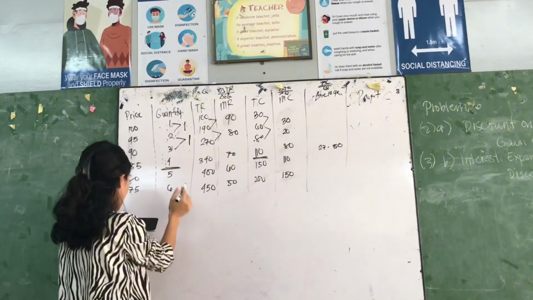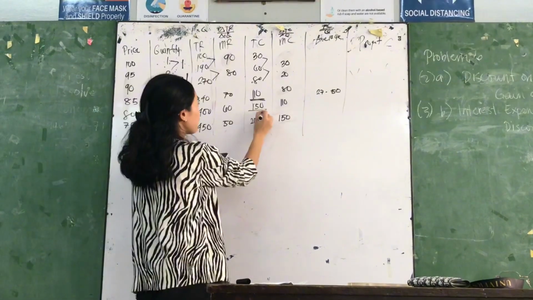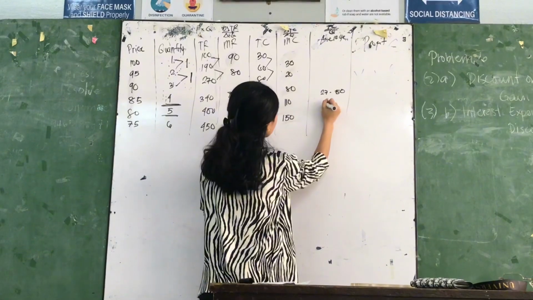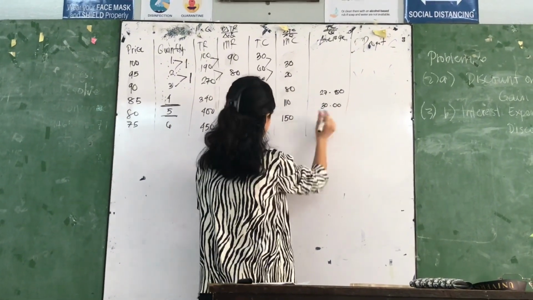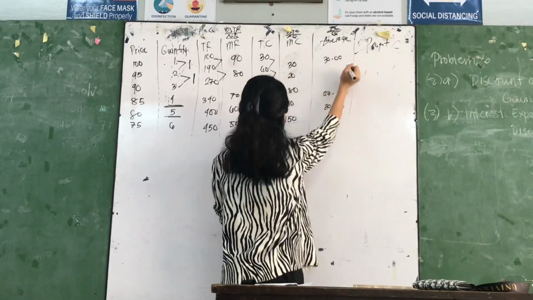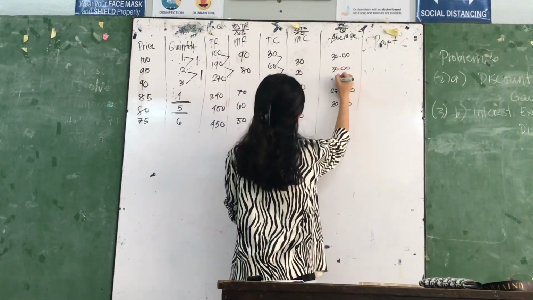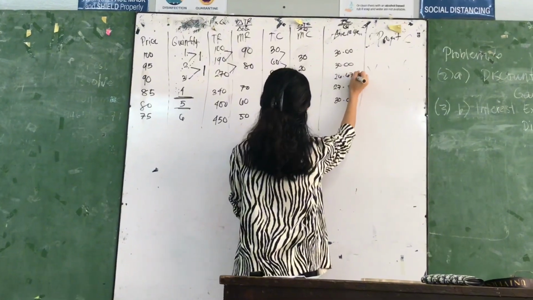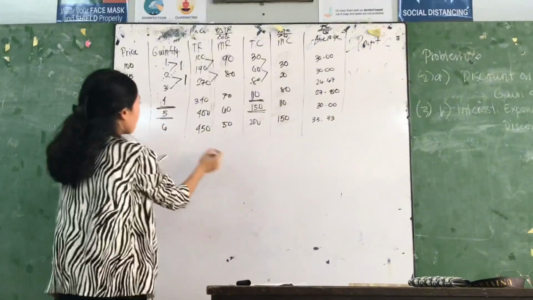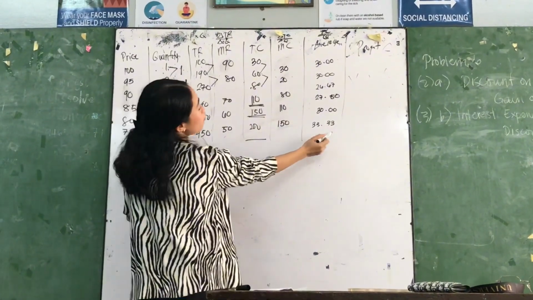And the next one is 150 divided by 5 is equals to 30. Total cost divided by quantity is equals to average.